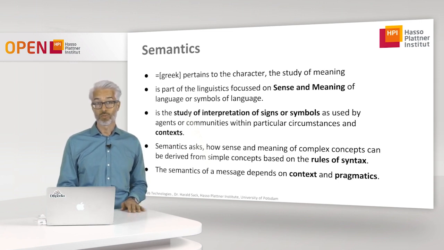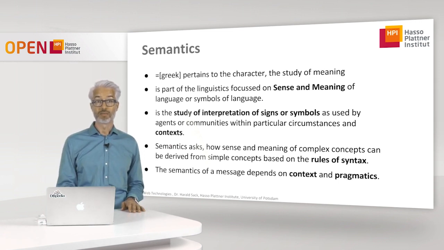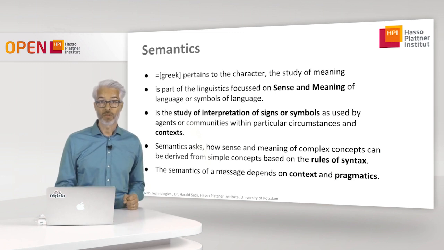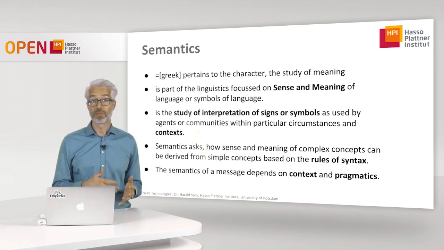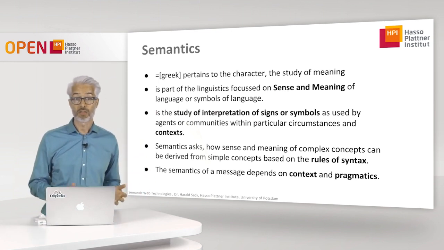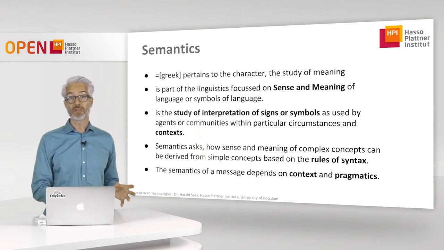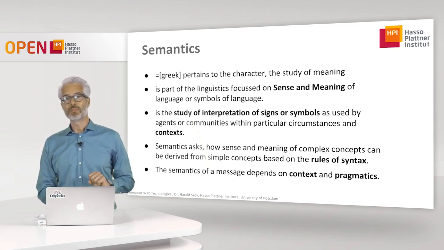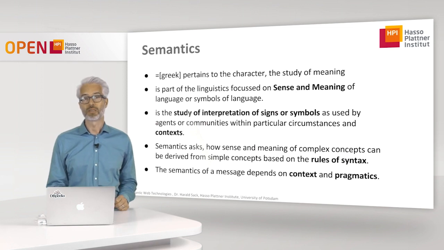Semantics is also a term which comes from Greek, and it pertains to the character, or it is the study of meaning. Semantics itself is part of linguistics, and it is focused on sense and meaning of language or symbols of the language.